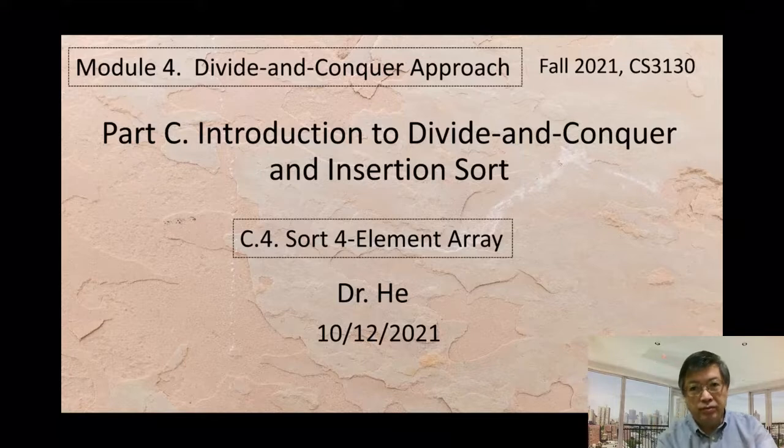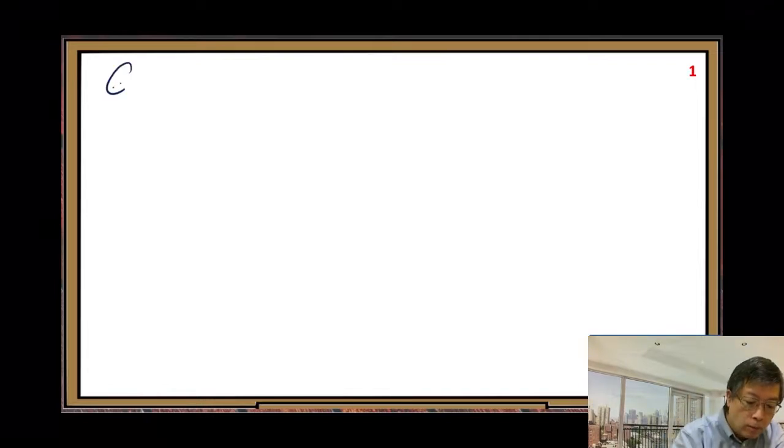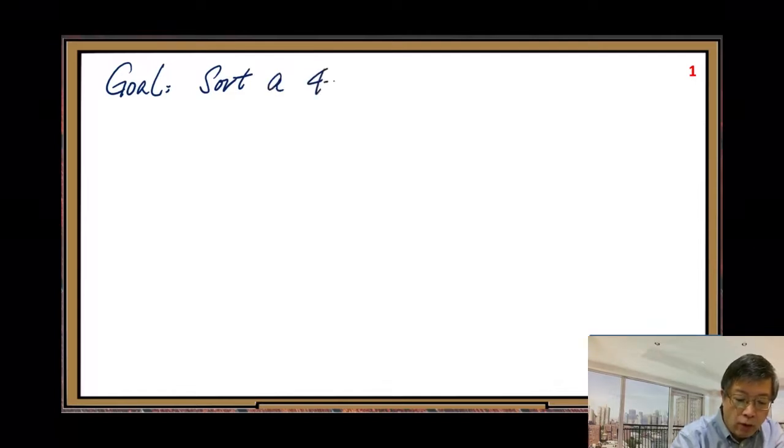Look at this question first. So when we start, the goal is to sort a 4-element array.